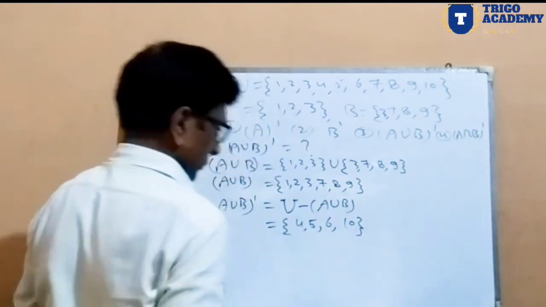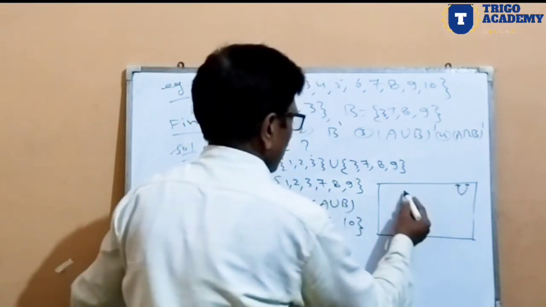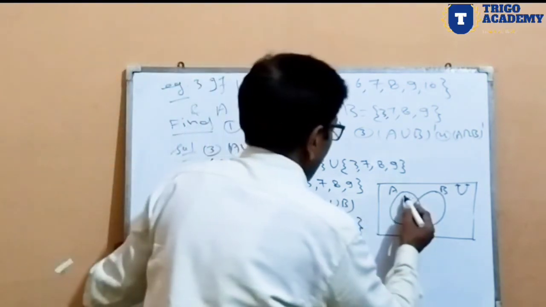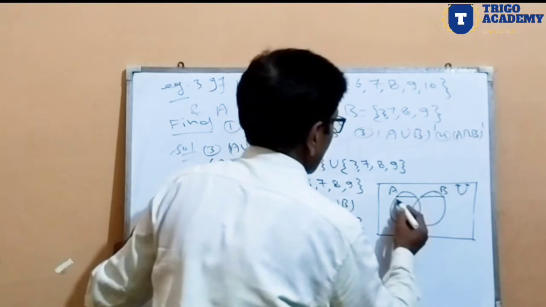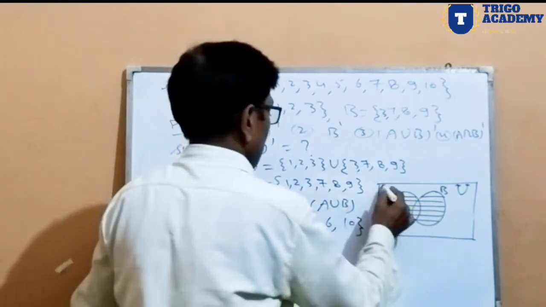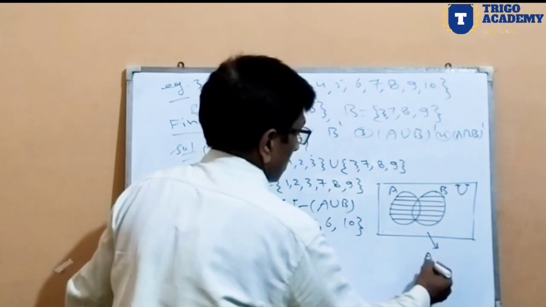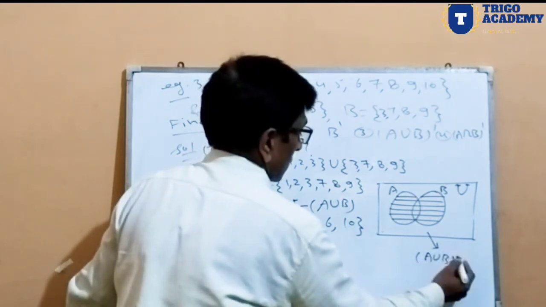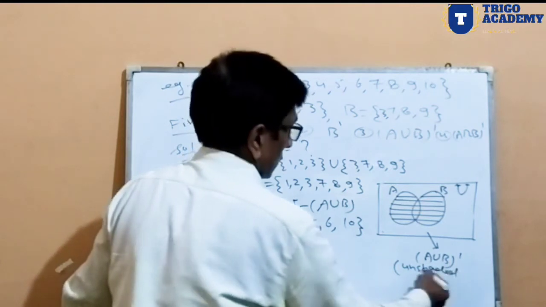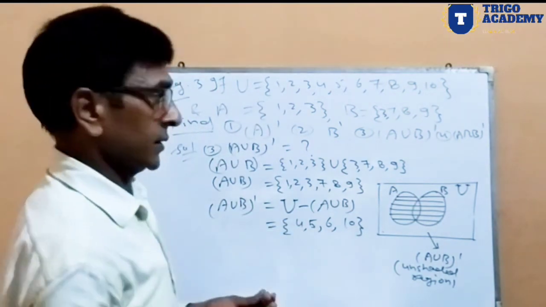In a Venn diagram, we can represent this situation this way: this is the universal set, and this is A and this is B. The lined shaded region represents A union B. The unshaded region, this unshaded region represents (A union B)'.